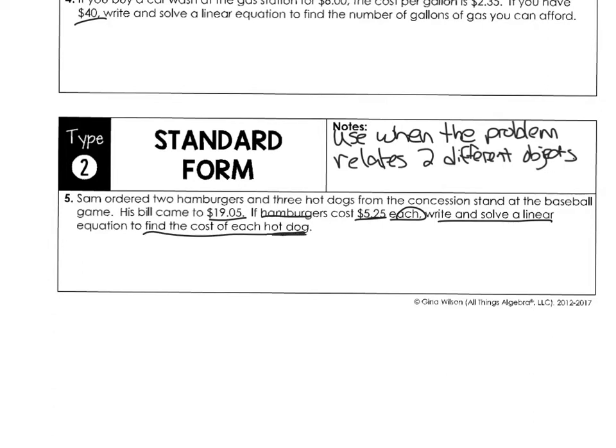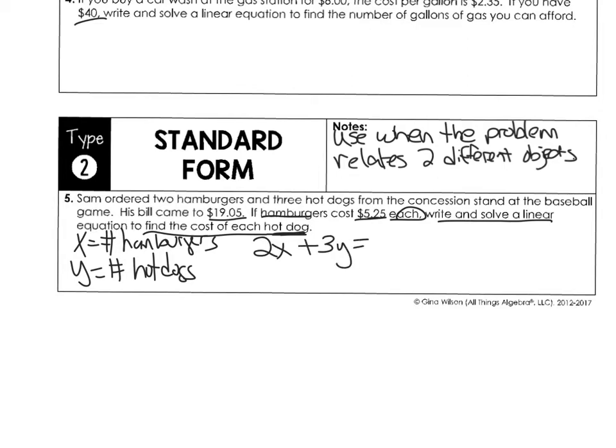All right, so let's say that X equals the number of hamburgers, because we have 2 different objects here, and Y is going to be the number of hot dogs. So we know that he bought 2 hamburgers, plus he bought 3 hot dogs for a total of $19.05.